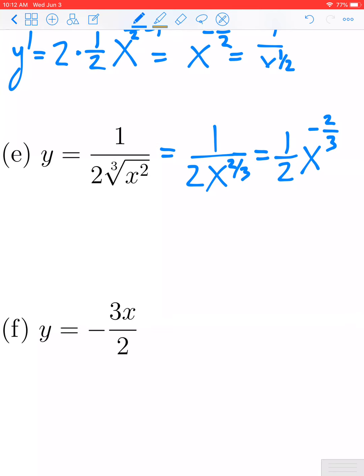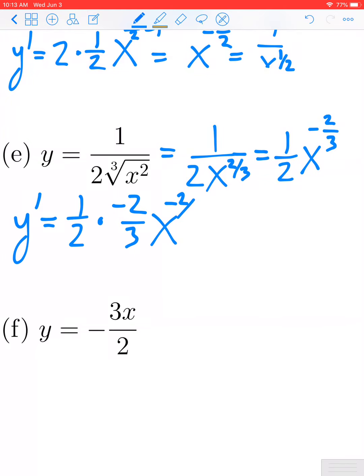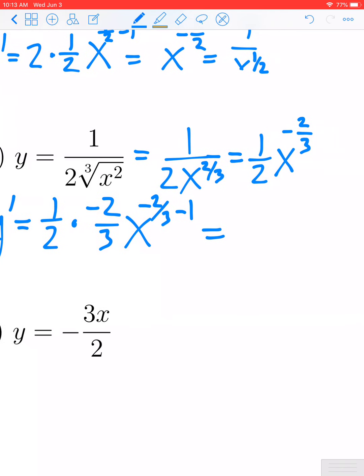And now what we can do from here is we can actually go ahead and apply our derivative rule. Y prime is equal to, leave the constant of a half alone, times, we're going to bring the negative 2/3 power down, and now we need to take that negative 2/3 power and subtract 1 from it. 1/2 times negative 2/3, that's going to be negative 1/3, and then negative 2/3 minus 1 would be negative 5/3.